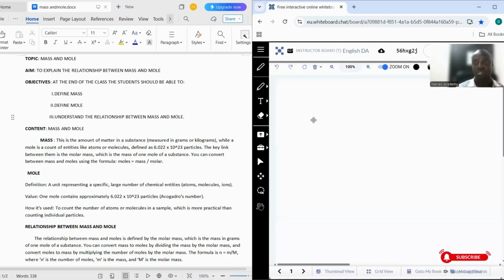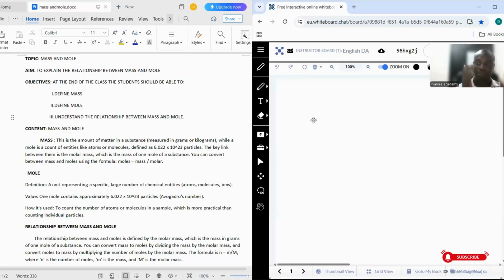So we go to the next subtopic, which is mole. Now, when we say mole, what do we mean? Usually, during chemical reactions, particles are involved. These particles can either be atoms, molecules, or ions.